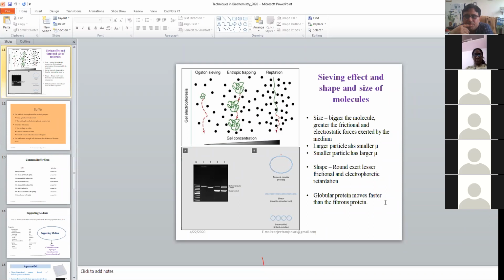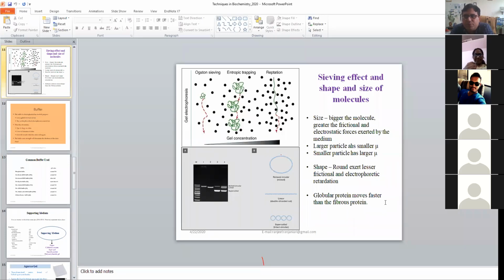Yes, it will move through the pores, but whether it will be at the upper portion of the gel, or the downstream portion of the gel, or the side of the gel, or the middle of the gel?